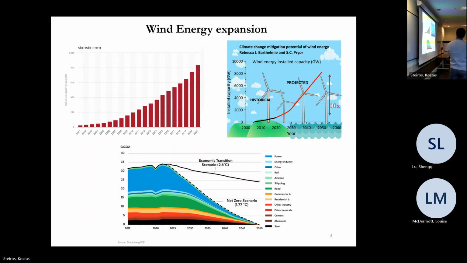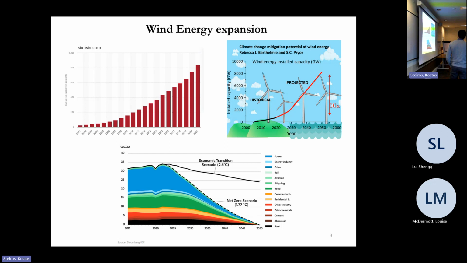We are mostly in the context of wind energy, about the power and energy industry sectors. You can see that these are historical data, and these are projections. You can see that we have essentially 2 lines. One that is the dashed line here, which shows the net zero growth, where in 2050 we hope that we will have a zero of the emissions of CO2 and other pollutants.